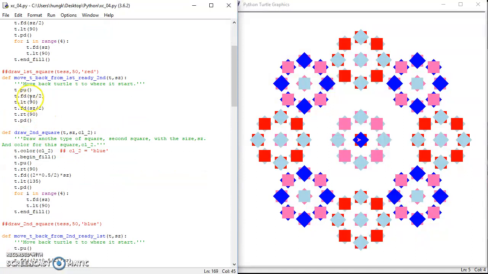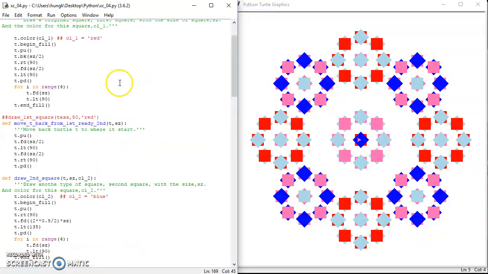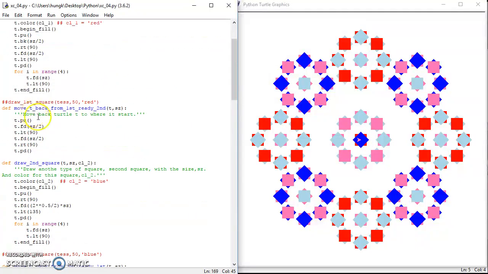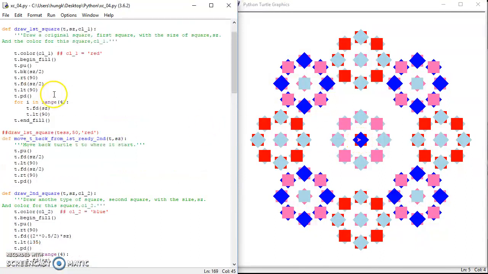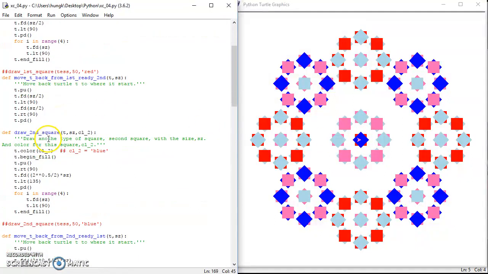Next, move T back from first, ready for second. Because after we draw the first square, T is somewhere here at the bottom, and then we just move T back to the center and be ready to draw the second square.